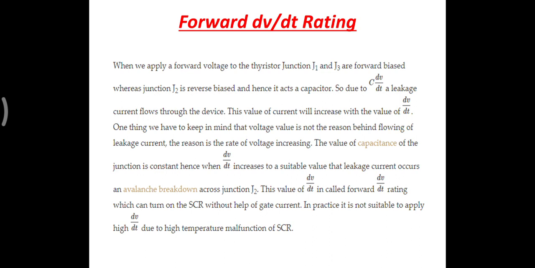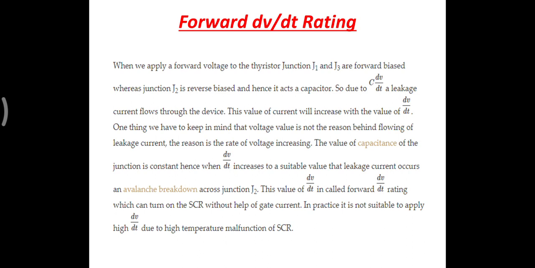So even though it is a reverse conduction mode, there is some leakage current flowing through the junction J2. This leakage current flowing means indirectly there is a certain voltage present across the junction. This voltage is nothing but the dV/dt.